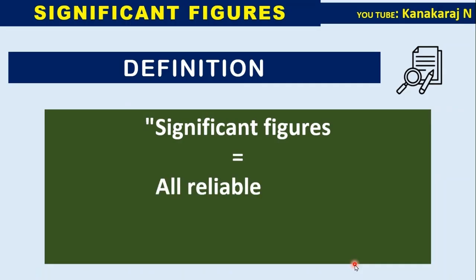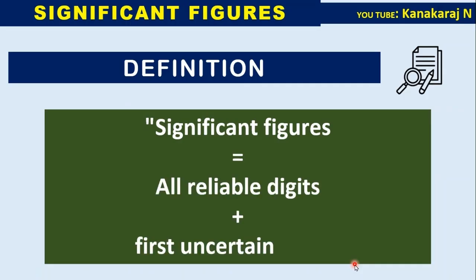Significant figures equals all reliable digits plus the first uncertain digit.